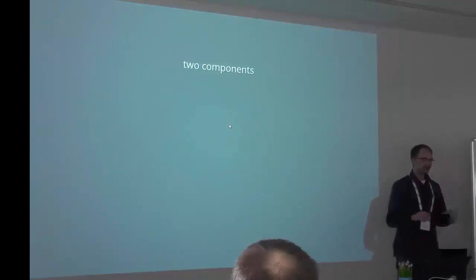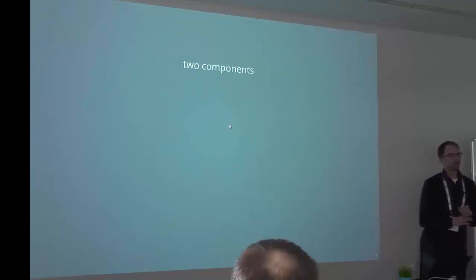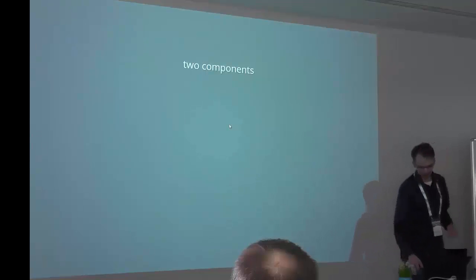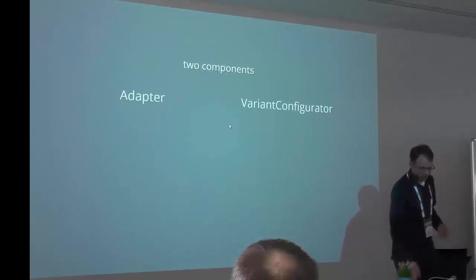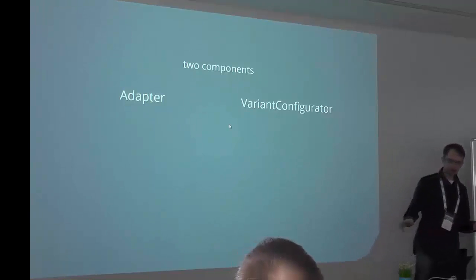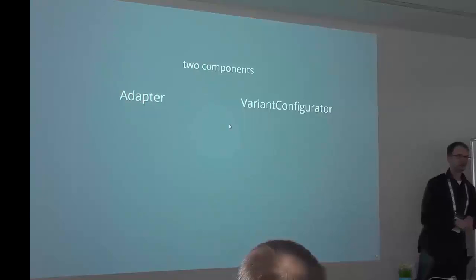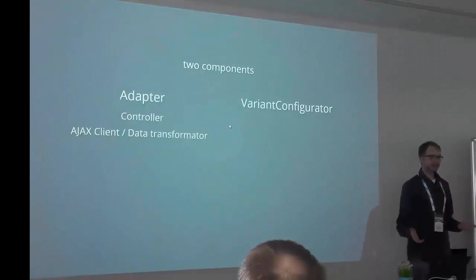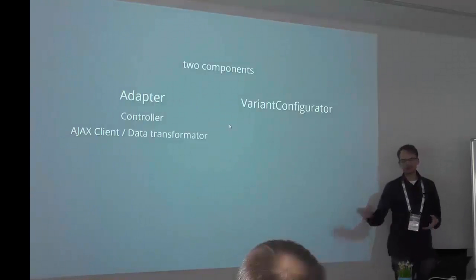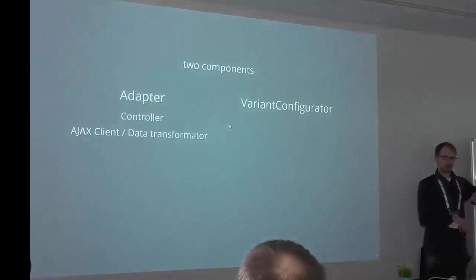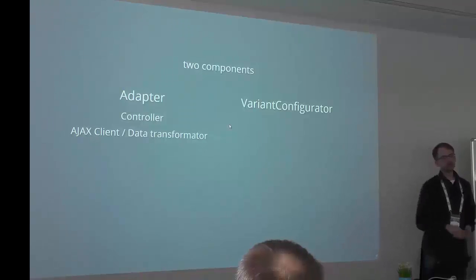Okay, basically the UI5 layer or component is built of two components. We got, like in every model view controller, a view and a controller. The controller is called adapter in this setting. That's basically the thing that talks to the backend, and it's just a fancy Ajax client that transforms data from what the JSON RPC uses to what we can use internally.